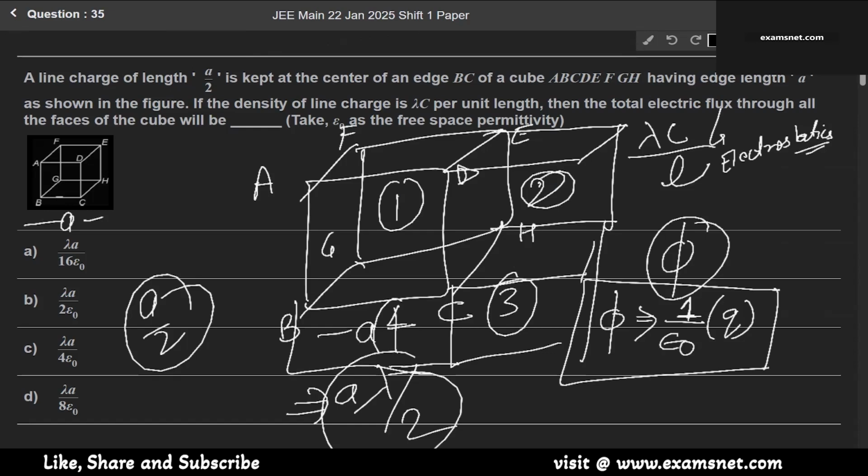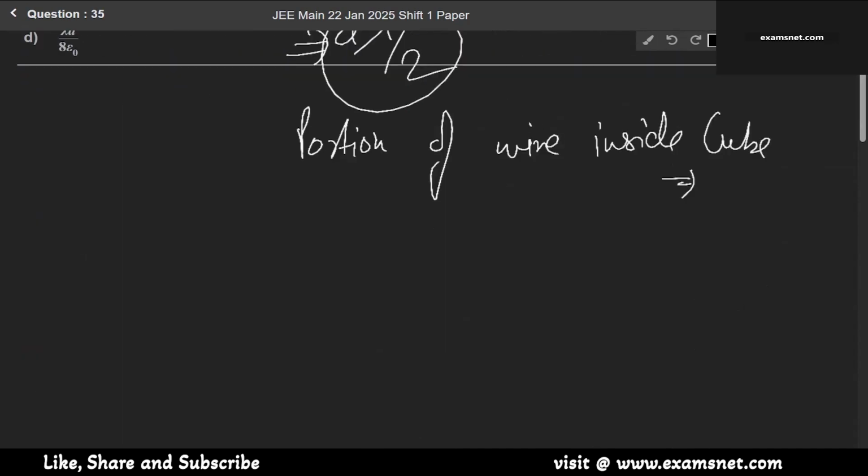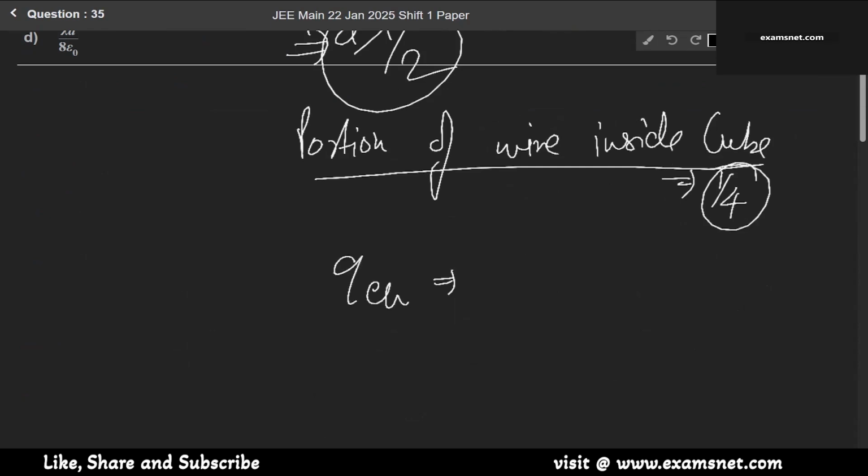Among these four, only 1/4 part is attaching to the previous cube. So the portion of the wire inside the cube will be 1/4. So the charge enclosed will be 1 by 4 of the charge of the line charge, meaning a lambda by 2.